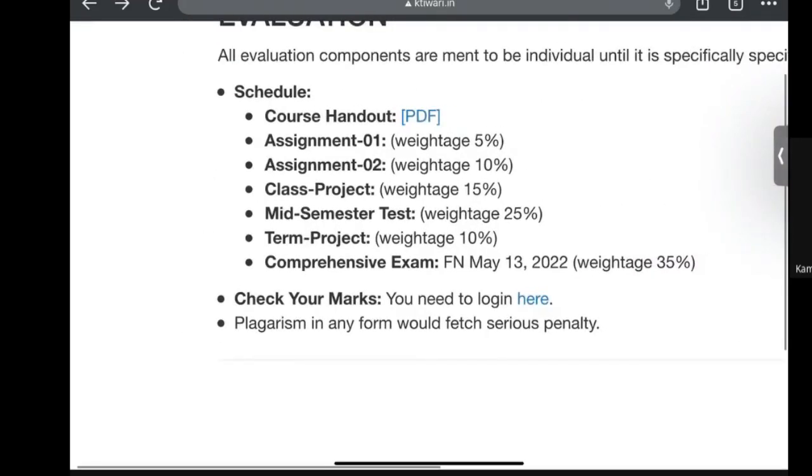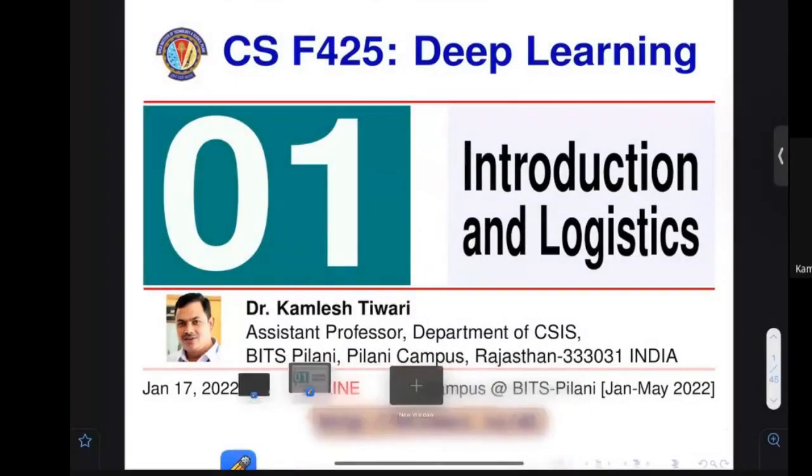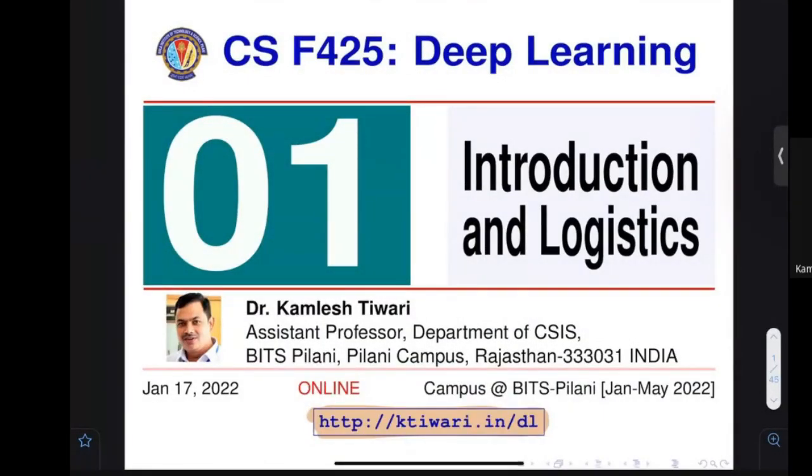Whenever at least one component is over, at that time you would get your password, and then you can log in and see how many marks you have got. Make sure that the marks which are here are final. So if there is any discrepancy, please let me know so that I can correct it and there is no confusion.